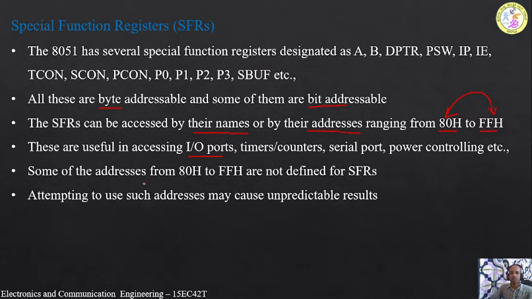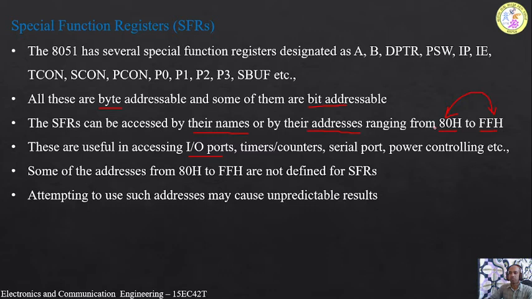Some of the addresses from 80 to FFH are not defined for SFRs. We know that the address ranges from 80 to FFH for these SFRs, but in this range, some of the addresses are not defined. Attempting to use such an address may cause unpredictable results.